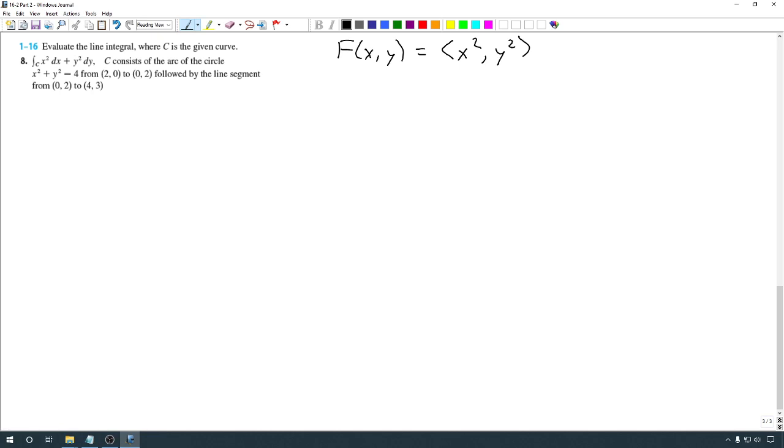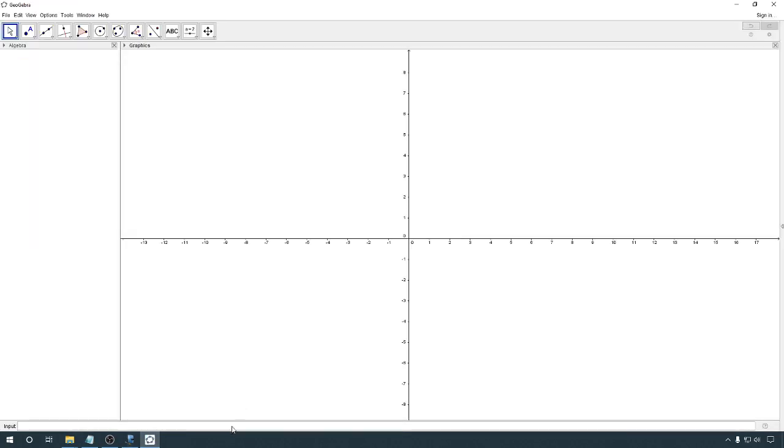Let's go ahead and plot this curve to see what's happening. Since we are only working with the quarter circle for the first part of it, I'm going to use the curve rather than just typing in the equation, because I don't want the whole circle in there. That does mean that we are parameterizing it right away, and I'm using the sines and cosines that we were working with before, going from 0 to 2 pi over 2, because we're going from the point 2, 0 to the point 0, 2.